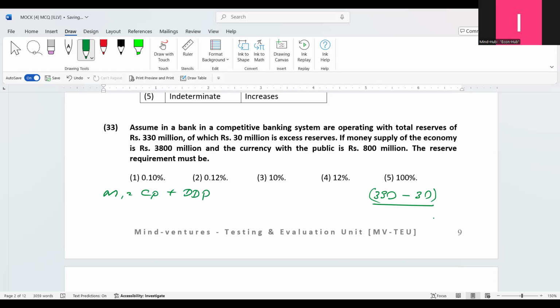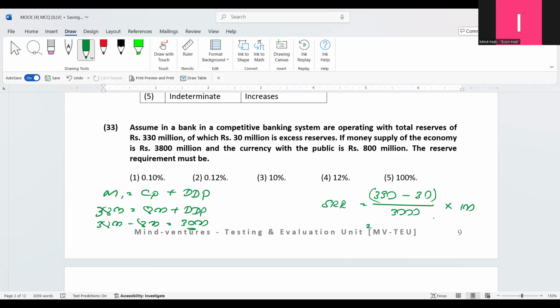The deposit is the base of the calculation for SRR. Then we are asking how much is DDP. So 3,800 minus 800, this is 3,000. Demand deposit is 3,000. So bring that 3,000 here and we want the percentage, so multiply with 100, then you can find the statutory reserve ratio.